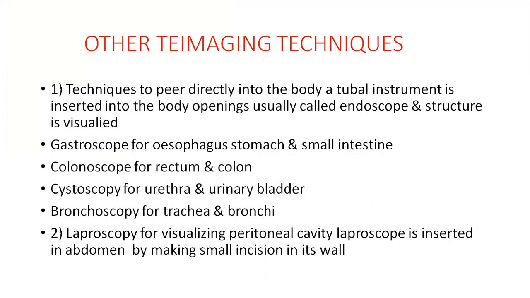What we do in this technique is that a tubular structure with visible two ends is introduced through an opening in the body, and the interior of the organ is visualized. This type of procedure is called endoscopy.